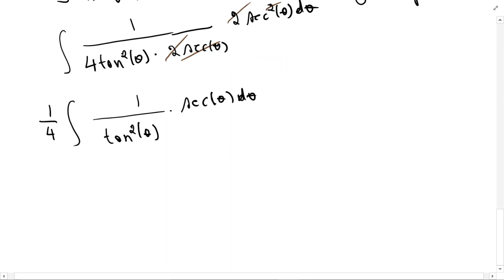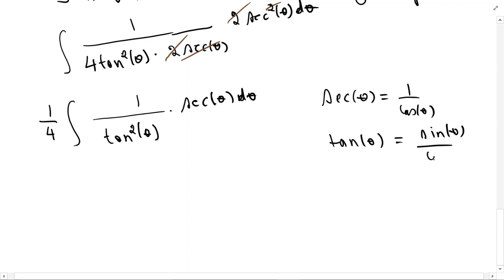For us to proceed, we need to change everything in terms of sine and cosine. We know that secant theta is 1 over cosine theta, and tangent theta is sine over cosine theta.